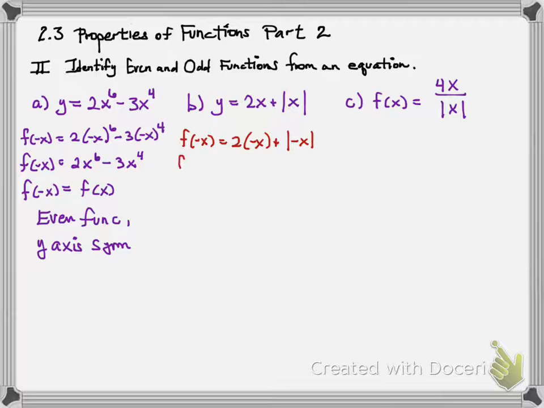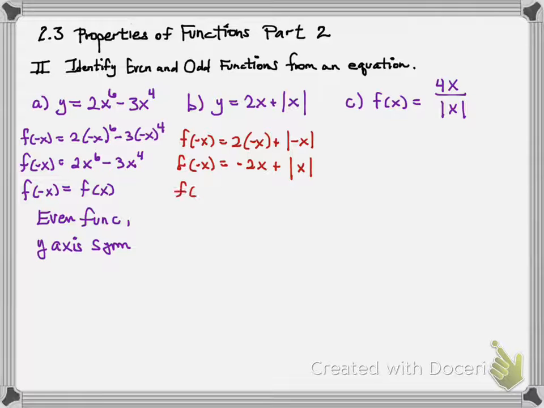And when we apply this, right, when we go through these motions, this is actually going to be a negative 2x. But the absolute value of negative x is simply x. So this is going to be plus absolute value of x, if you will. Now, if you take a look at this, notice this does not match the original, right?